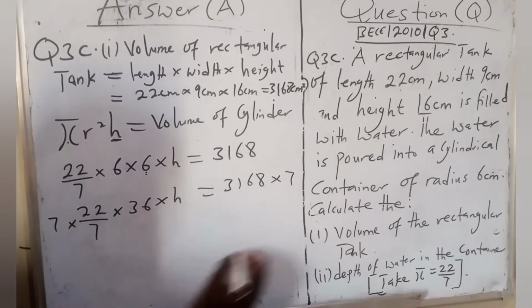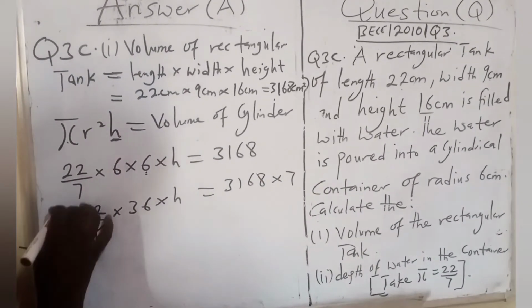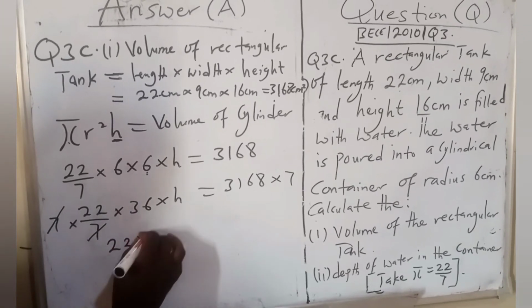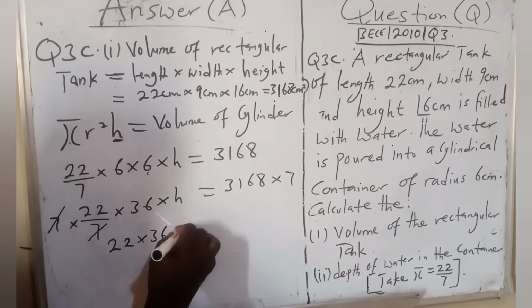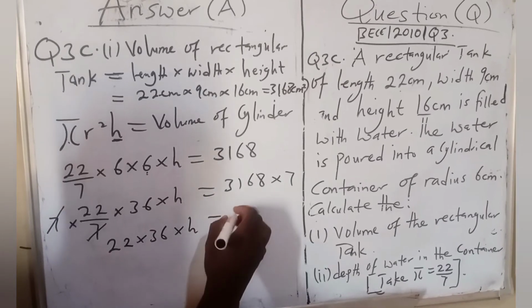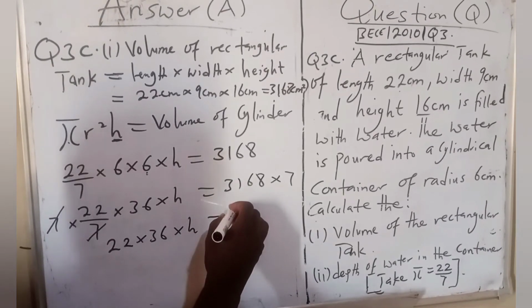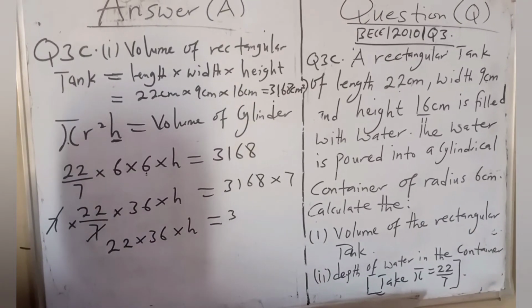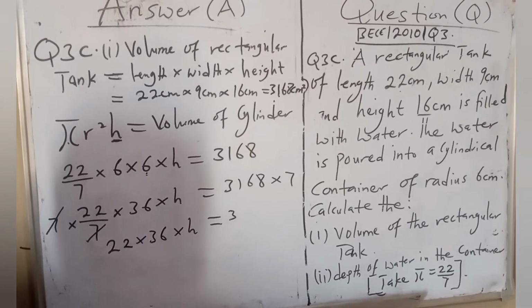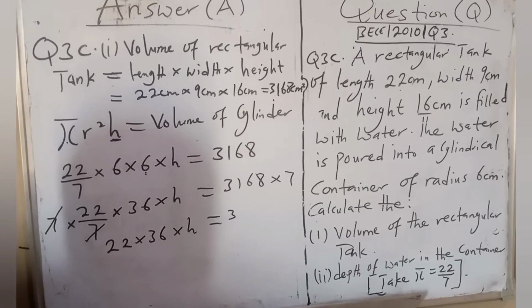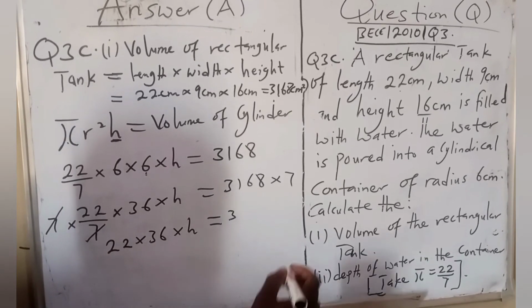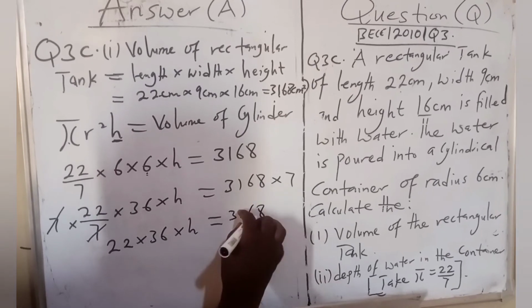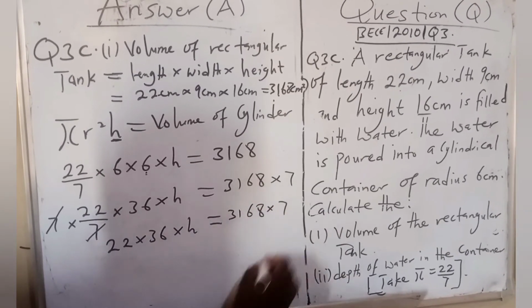So that this 7 will do away with this 7, leaving 22 multiplied by 36 multiplied by height, which is equal to 3,168 times 7.